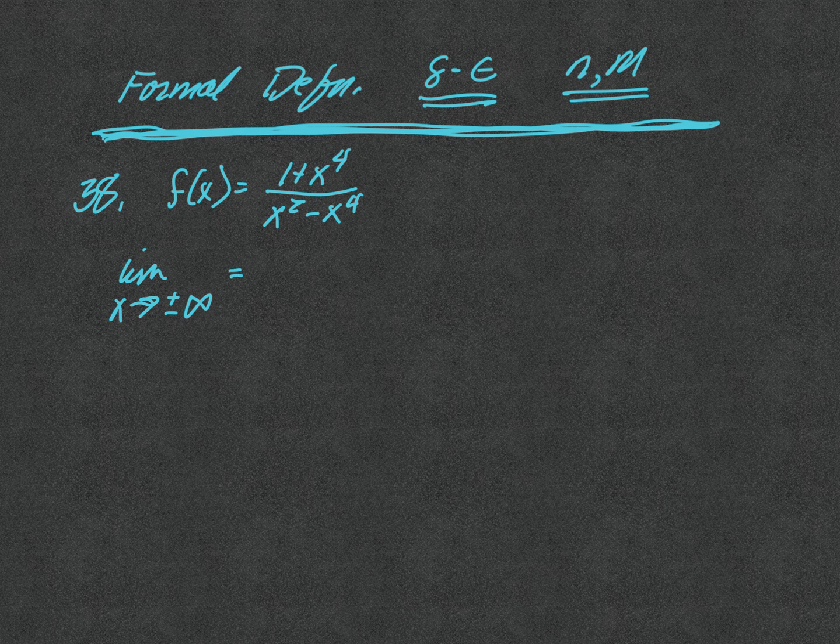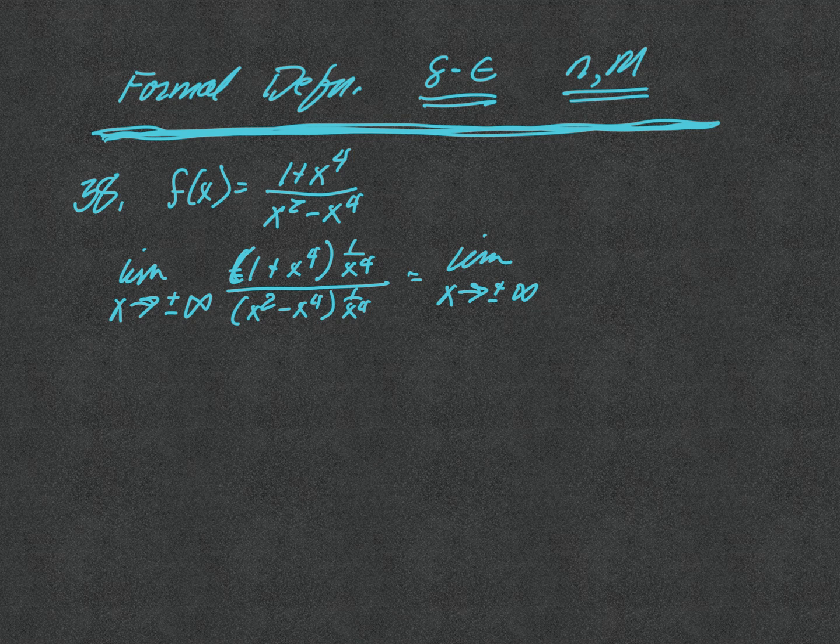And in this case, that's going to be 1 plus x to the fourth times 1 over x to the fourth, over x squared minus x to the fourth times 1 over x to the fourth, which is going to equal the limit as x goes to positive or negative infinity of 1 over x to the fourth plus 1 over 1 over x squared minus 1.